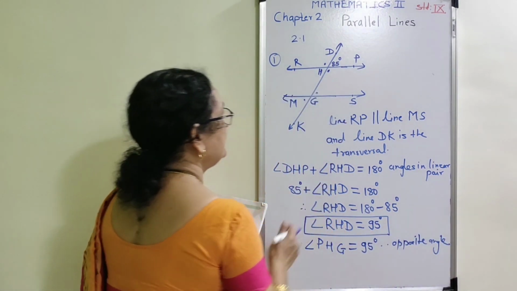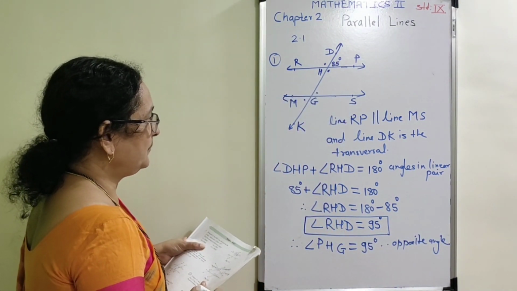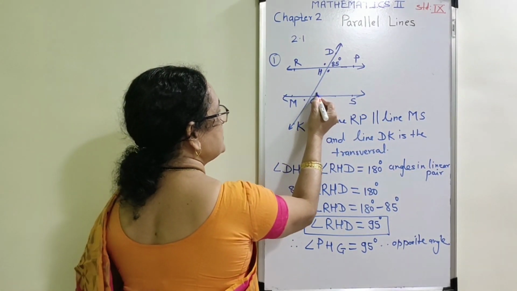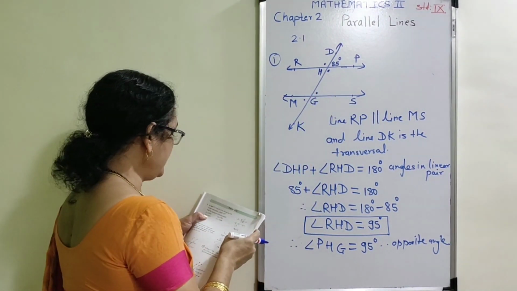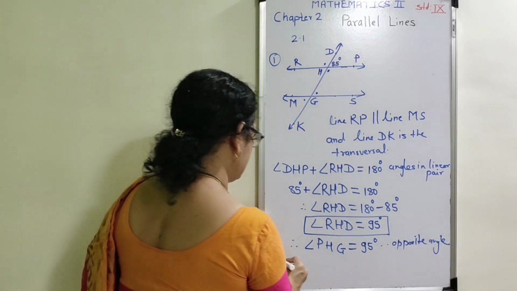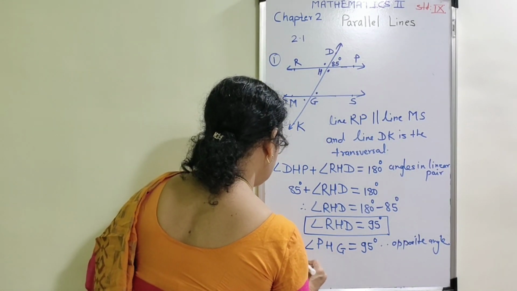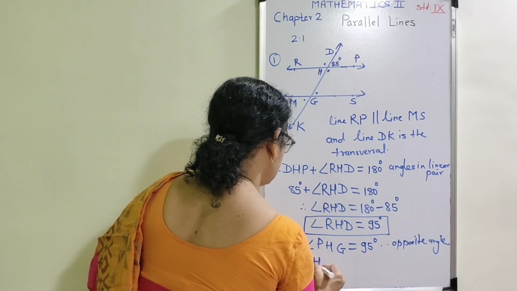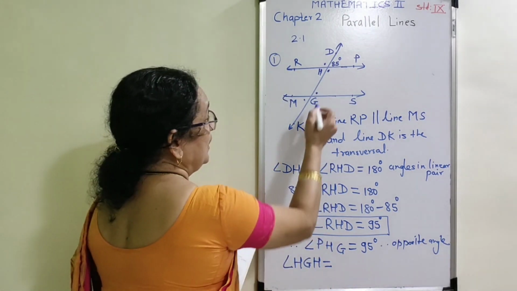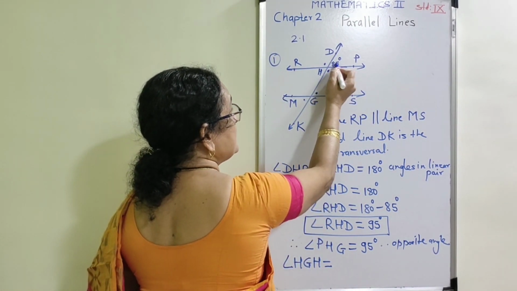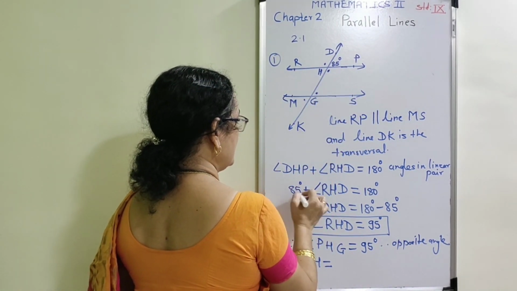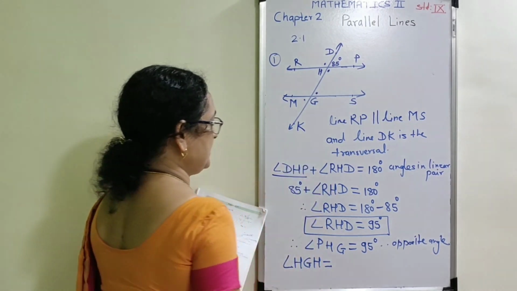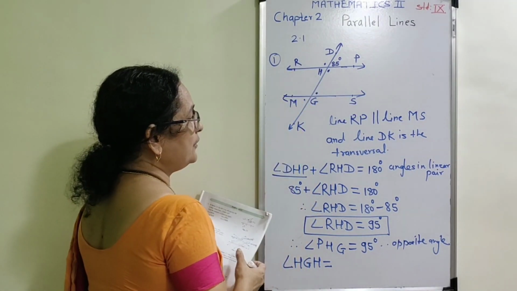And therefore we get the second measure also. Now we will find the third measure, angle HGS. This angle and the given angle DHP are both corresponding angles.